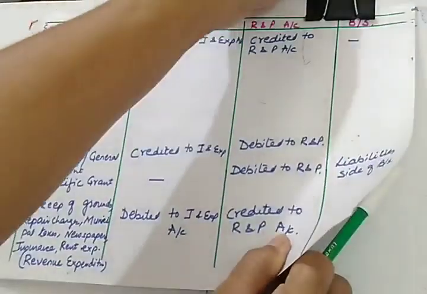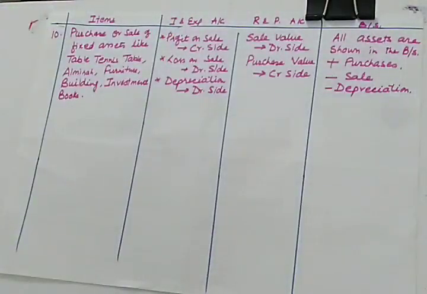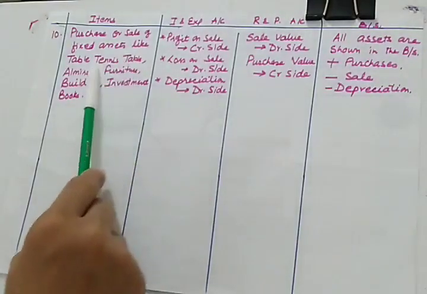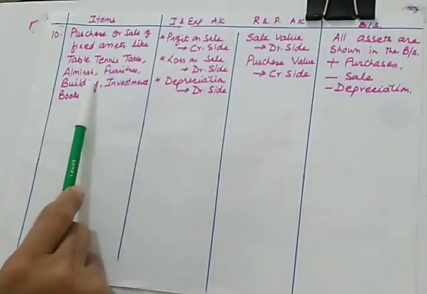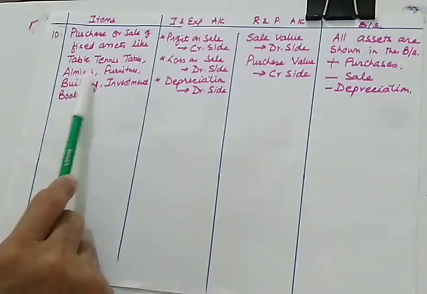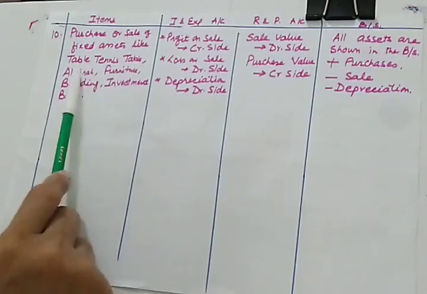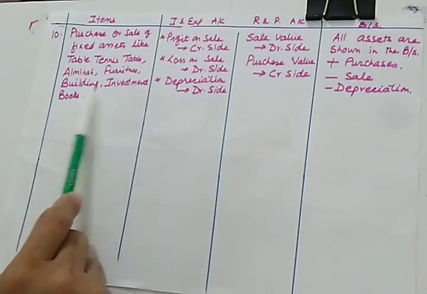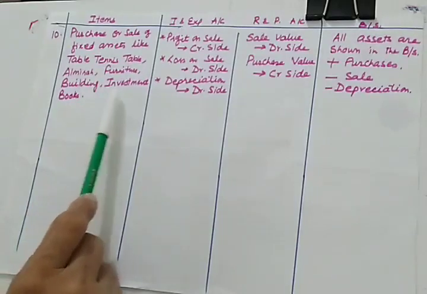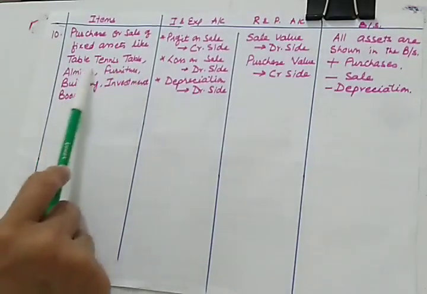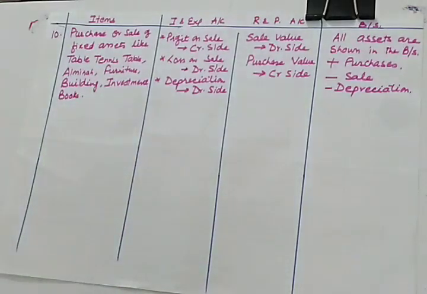Now the last item is purchase or sale of fixed assets like table tennis table, almirah, furniture, building, investment or books. So these are a few common assets of non-profit organizations.